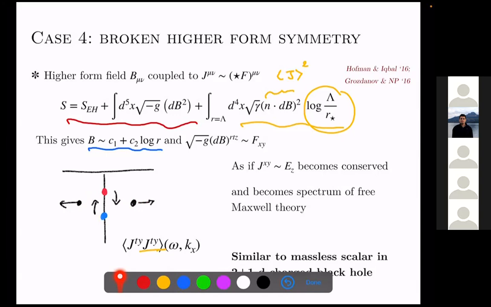So you interpolate between conservation of magnetic flux, which is the genuine conserved current, and you weakly break the conservation of electric flux by this parameter; they come together, combine, and move out and become approximately a free Maxwell theory.